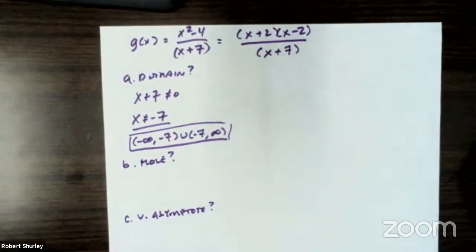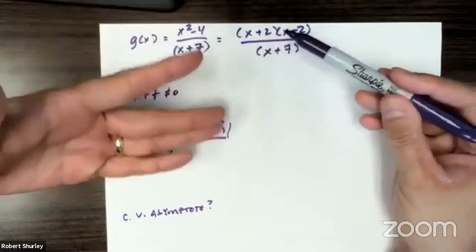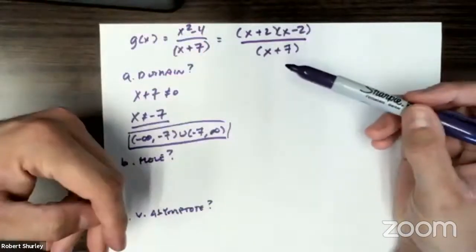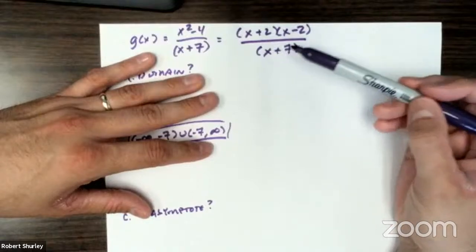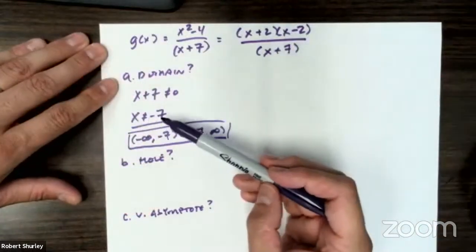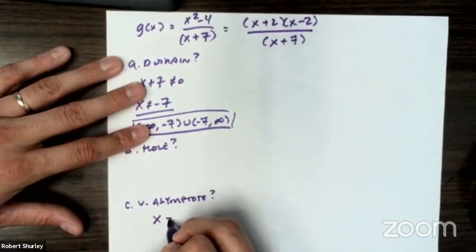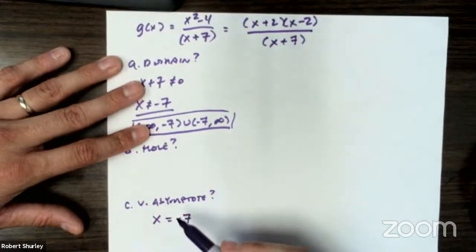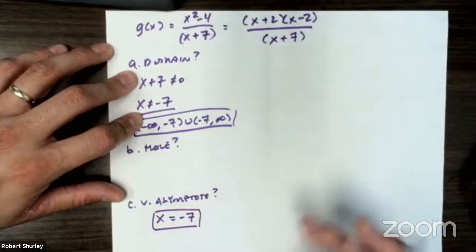Now notice there is not an x plus 7 in the numerator. We've only got an x plus 2 and x minus 2. So because this does not simplify, that means that our restriction is a vertical asymptote. Remember, vertical lines are x equals a number. So we write it just like that.